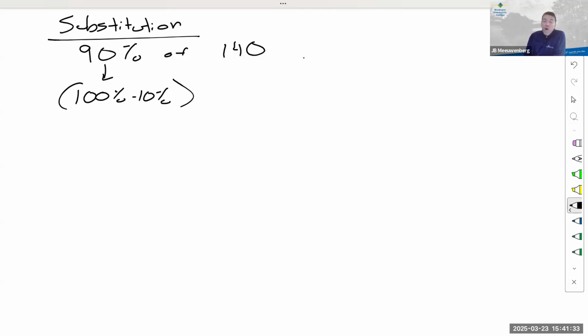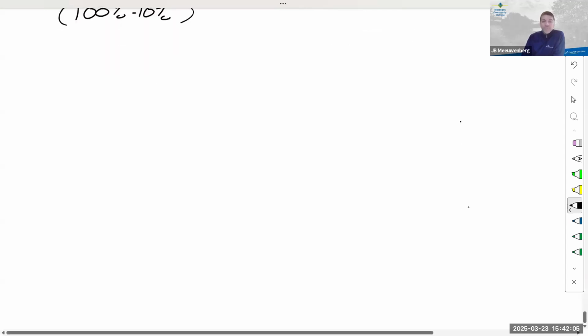And so I might then say, all right, well, I know 100% of 140 is 140. And I might know 10% of 140 is 14. Remember the moving the decimal spot? And if I want to know 90%, I would take 100% and subtract 10%. I'd take 140 and subtract 14. And that is 126. So that's a very clever way of doing a calculation like that, involving some substitution.